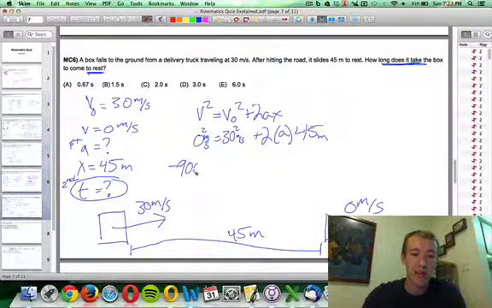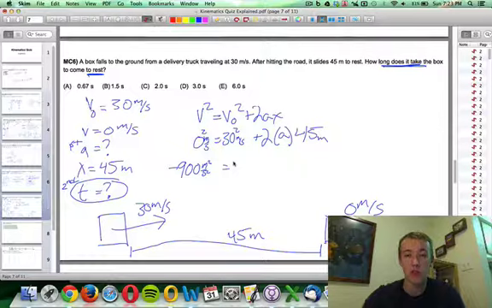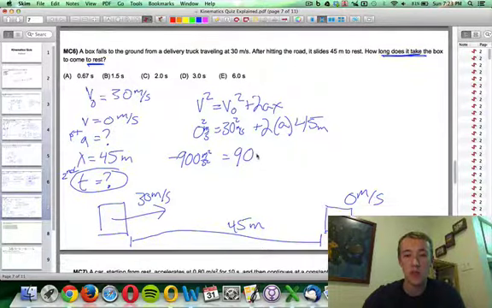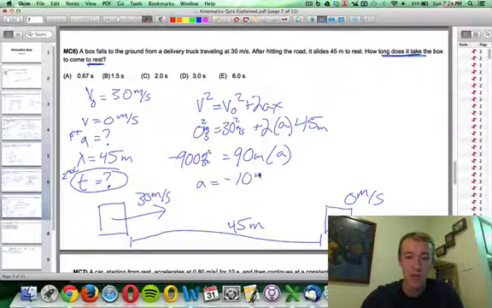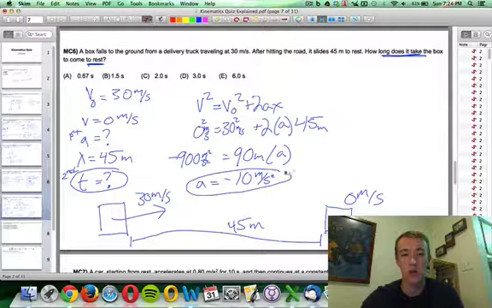So you get negative 900, and we've squared these units as well, is equal to 2 times 45, which is 90. And those are going to be meters. And we're multiplying that whole thing by acceleration. Divide by 90 on both sides, and we find that the acceleration is negative 10 meters per second squared.